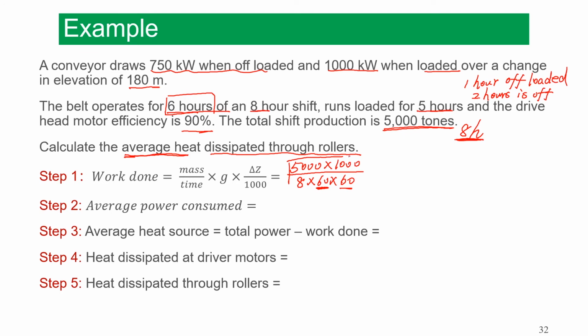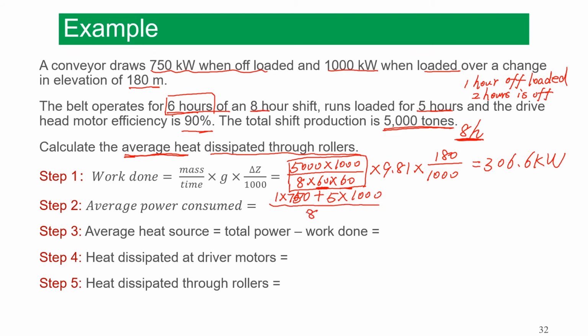So the whole thing is kilogram per second, by 9.81, that's gravity, by change in elevation, divided by 1000 to convert it to kilowatt, equals 306.6 kilowatt.